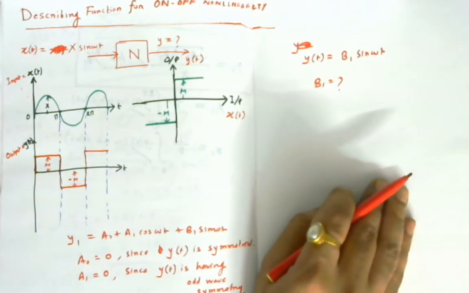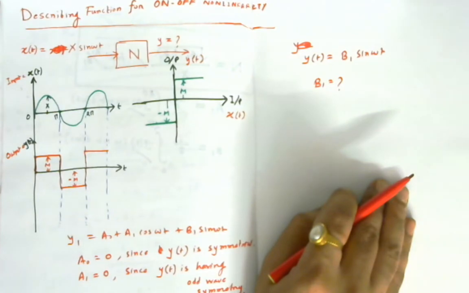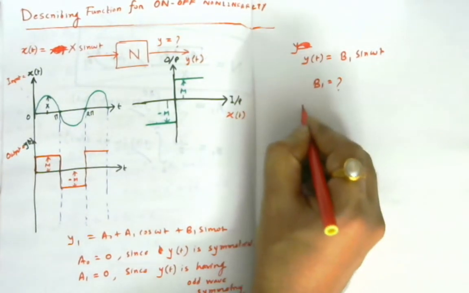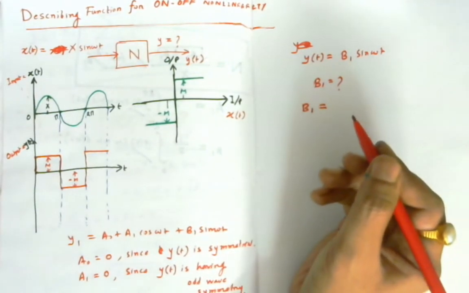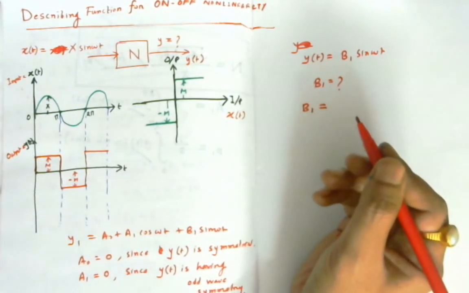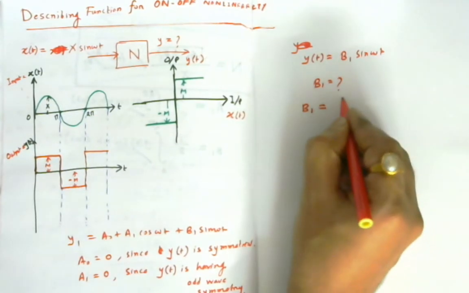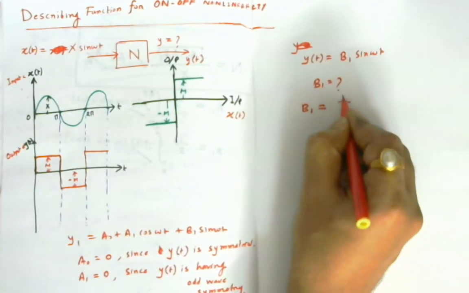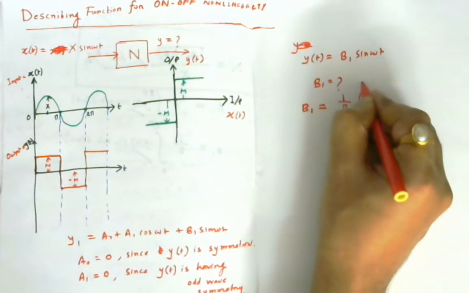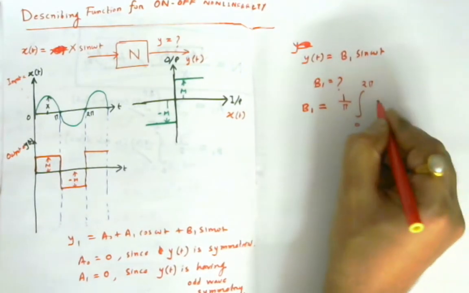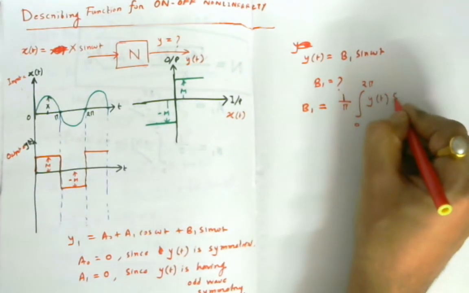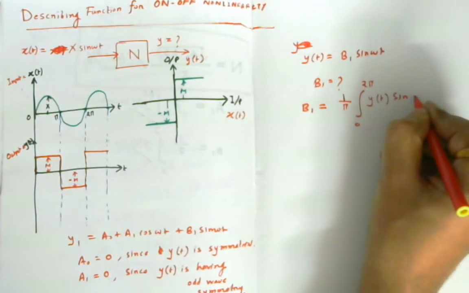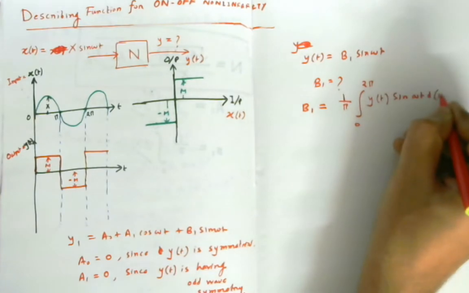Now what is the formula for b1? b1 is 1 by pi integration 0 to 2 pi yt sine omega t d omega t.